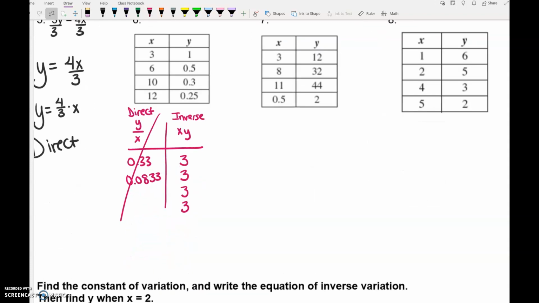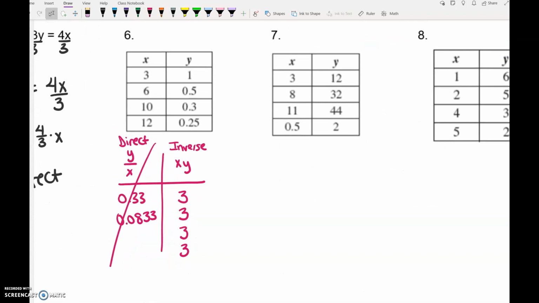So this table is showing us that there is a K value of 3. We could honestly right now say, hey, this is inverse variation and K is 3, so the equation is y equals 3 divided by x. That's the equation for that table because it's inverse variation and the K value is 3. We're not going to go that far, but that's what you could do. So number 6 is an example of inverse variation.